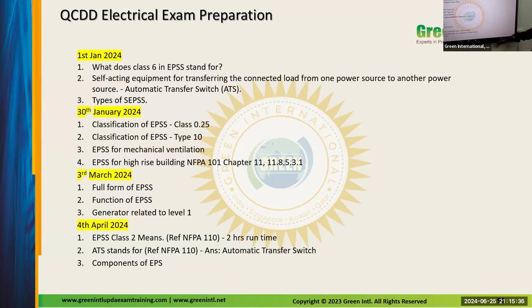So full form of EPSS, simple questions are there. Class 2 words, ATS stands for. Components of EPS: what are the components? In the BOQ, in the project spec, they have inserted the words generator, prime mover, all the things. The same information we find in the standard.